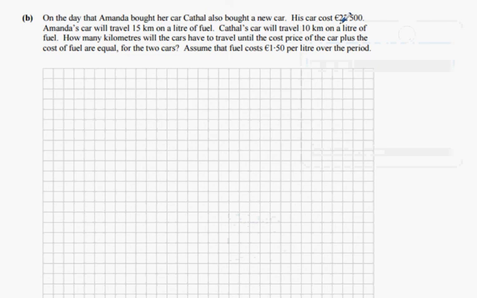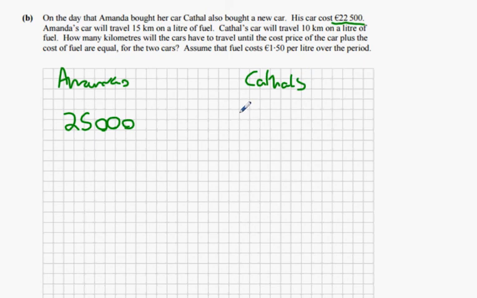What we find is that his car cost 22,500, but her car cost €25,000 new, didn't it? So Amanda's is €25,000 new, but Carl's is 22,500.